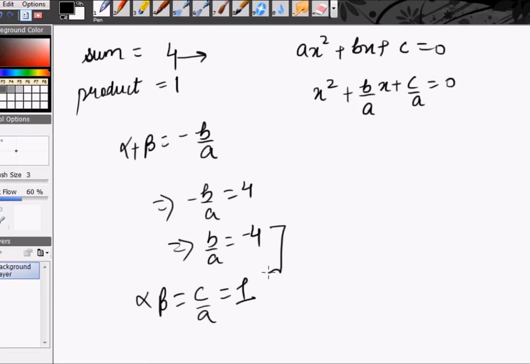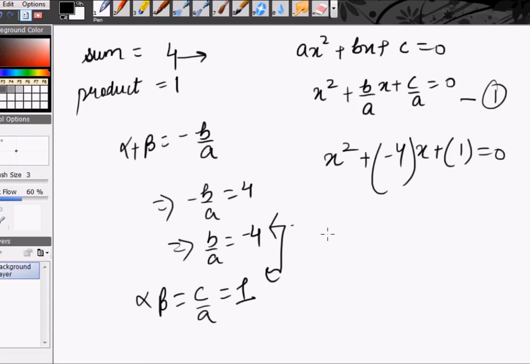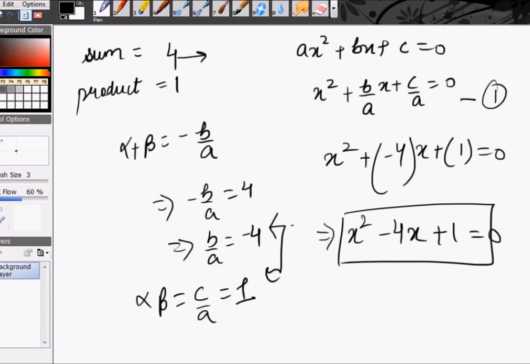Therefore, substituting these two values in equation 1, we get x square plus minus of 4 into x plus 1 equal to 0, which implies x square minus 4x plus 1 equal to 0, which is the required equation.